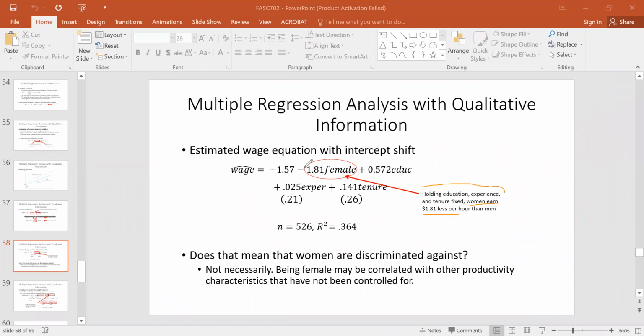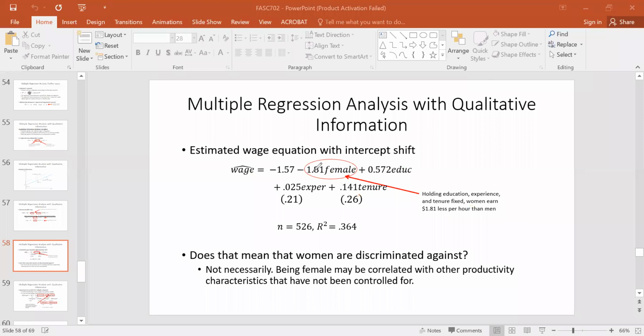And our model explained 36.4% of the variation in the wage. All these variables, 1, 2, 3, 4, that's our regressors, together explain 36.4% of the variation we see in wages.